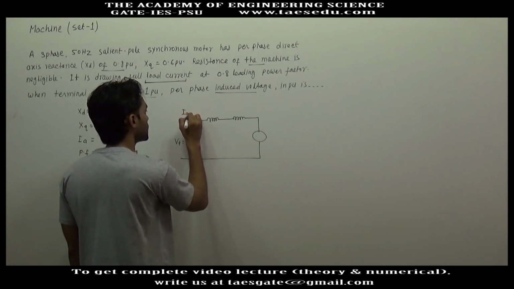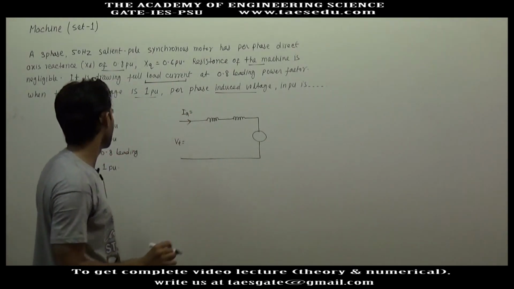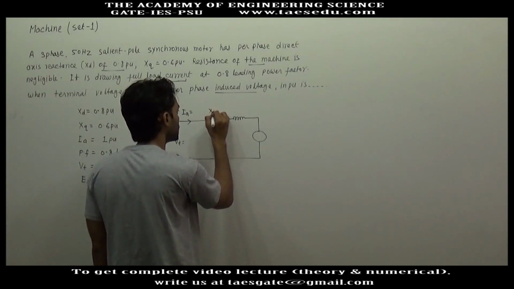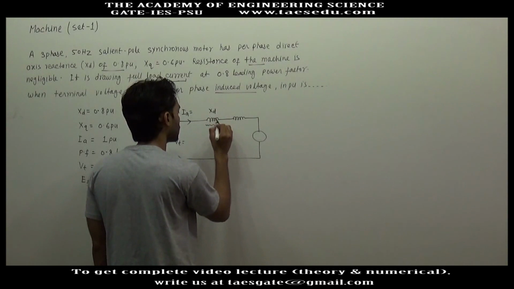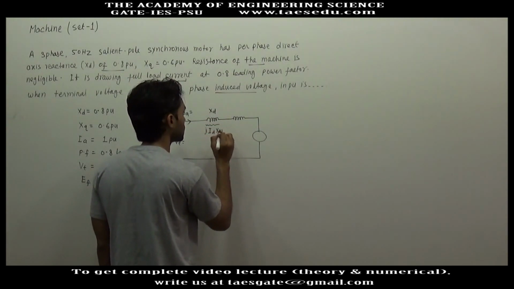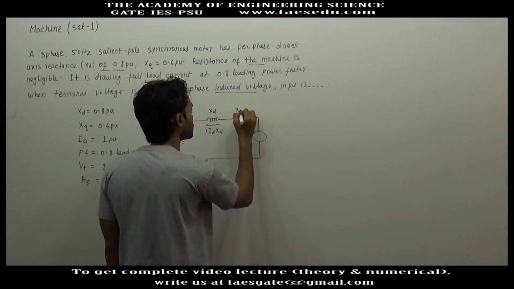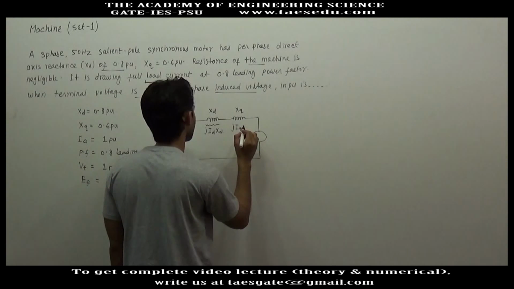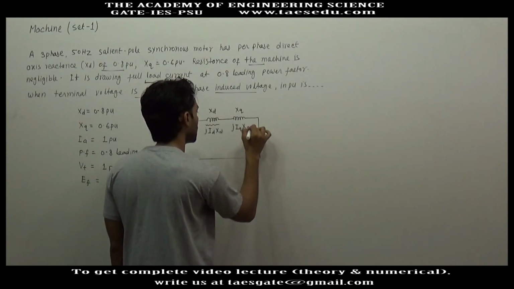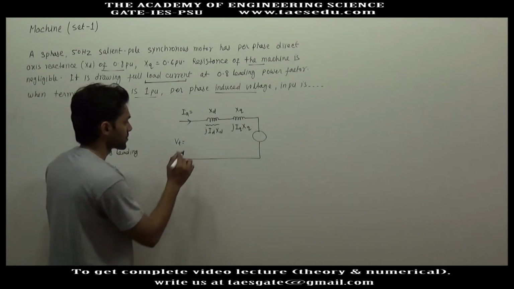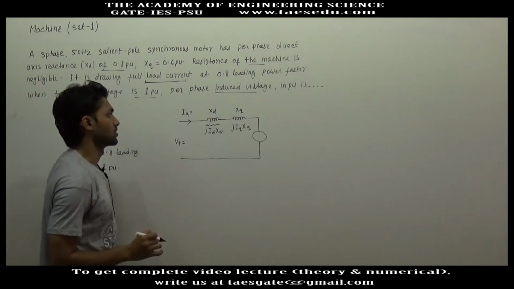The armature current is also 1 pu at 0.8 leading power factor. Let's say this is xd. So here voltage drop will be jIdXd. This is xq. So here voltage drop will be jIqXq. This is the representation of salient type synchronous motor.